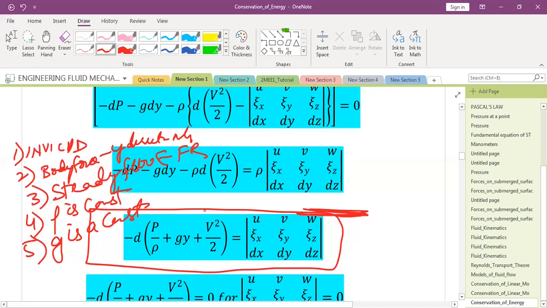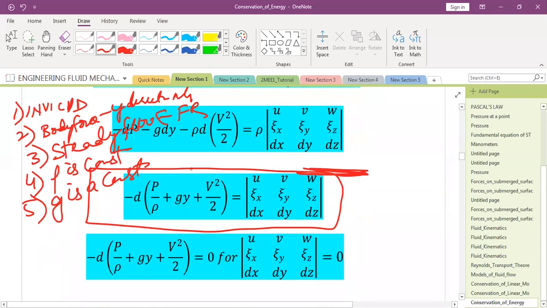Now you should be very careful, because this is a very subtle point and most of us miss this point, and that's why we make numerous mistakes while doing numericals. So please be careful now. For the left hand side term within this parenthesis to be a constant, what should happen?